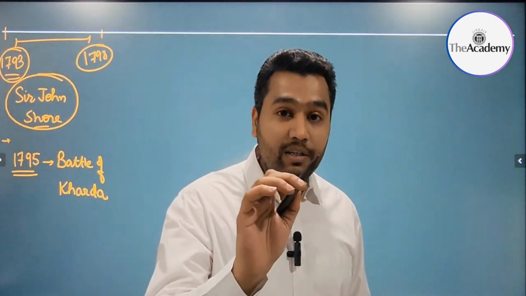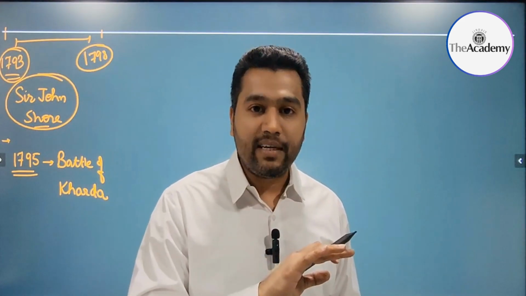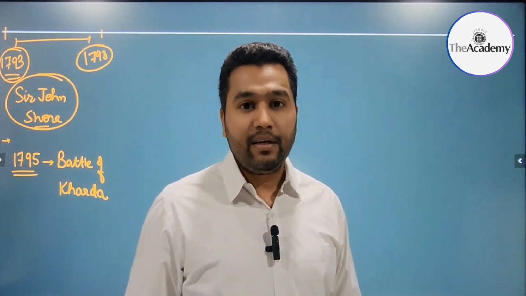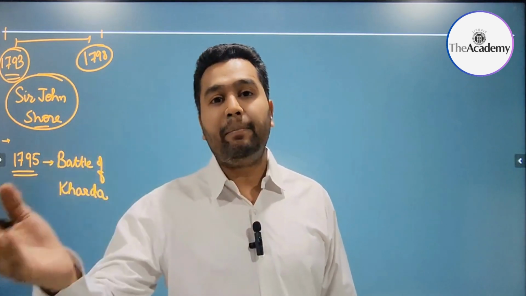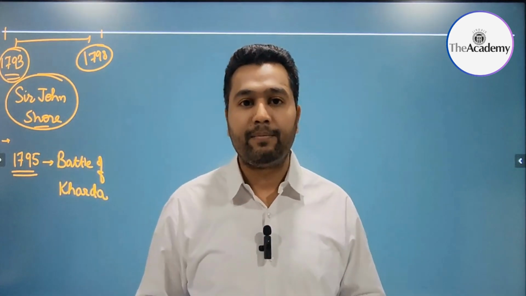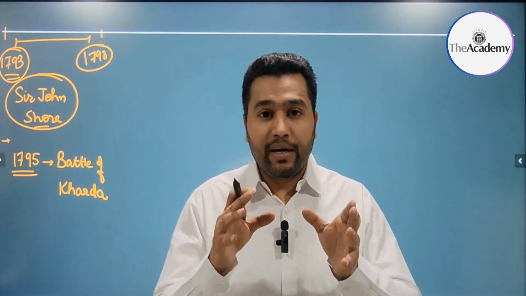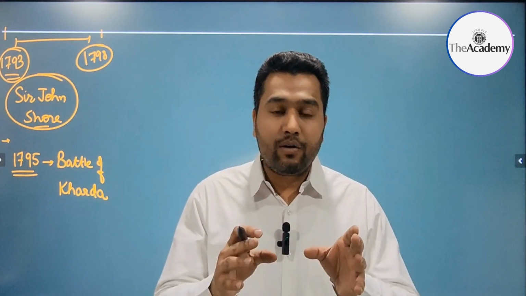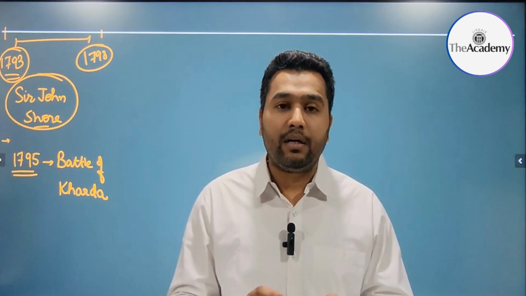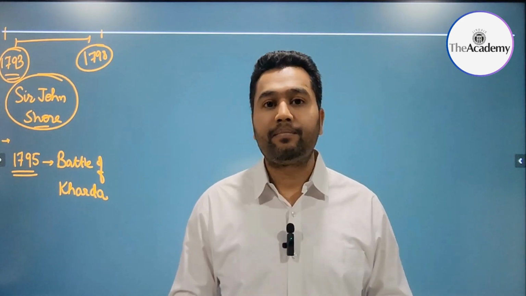And when the British did not come to the rescue, the Nizam was decisively defeated and became completely dependent upon the English for his existence. So effectively, by not playing a role in the Battle of Kharda, the British achieved a major political gain.